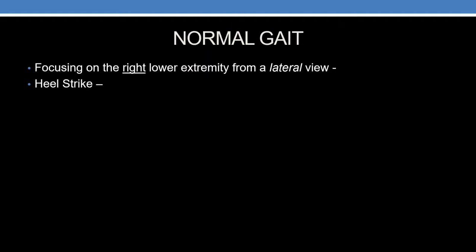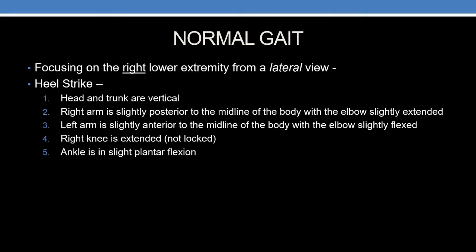Okay, so let's talk about the heel strike phase of gait and findings that we would see in the presence of normal gait at heel strike, and some possible deviations from the normal gait in the presence of pathologic conditions.